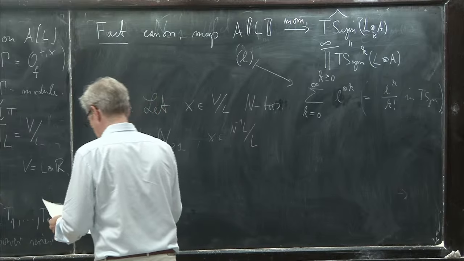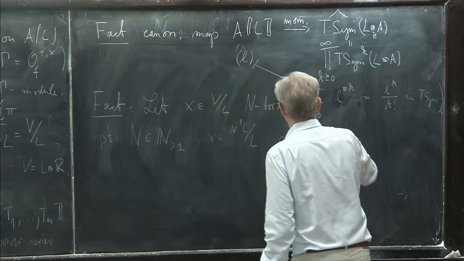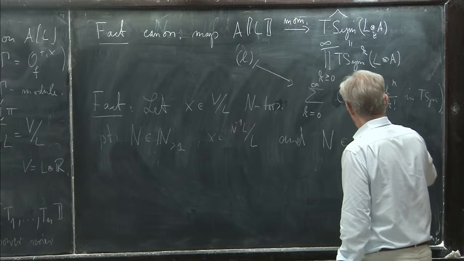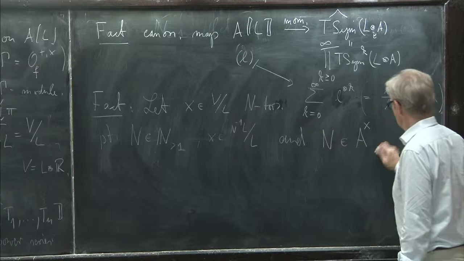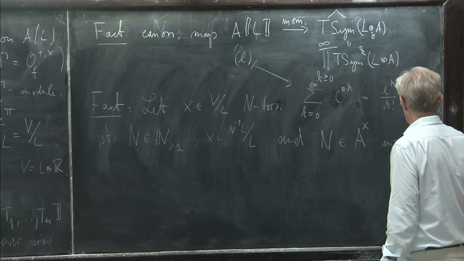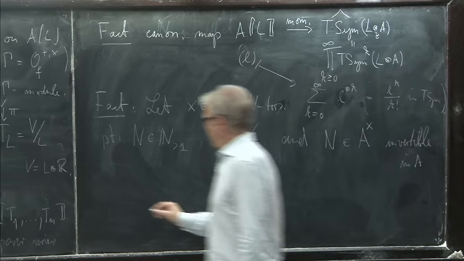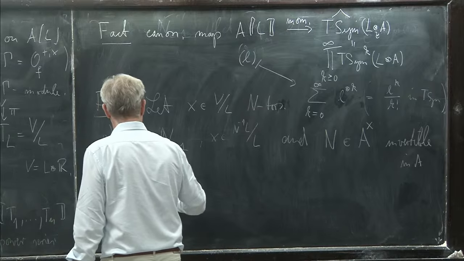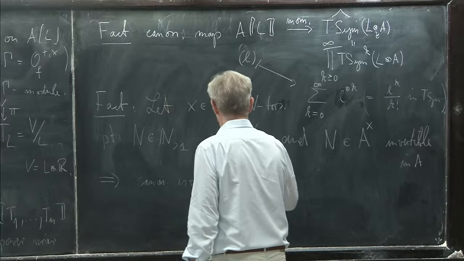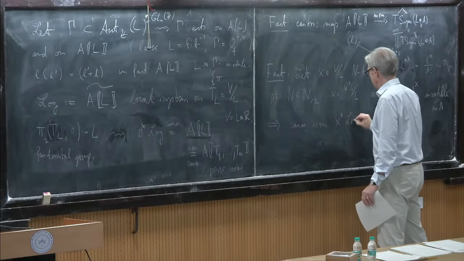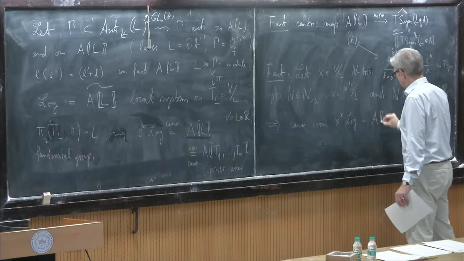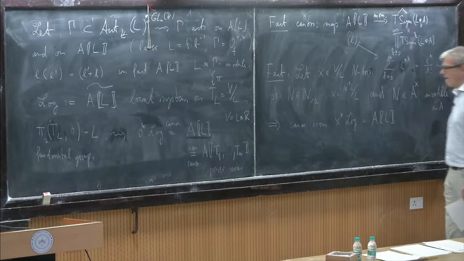And that's very important: this n is invertible in our ring, so n invertible in A. Then we have a canonical isomorphism of the stalk of this logarithm sheaf in x, again with this completed group ring.